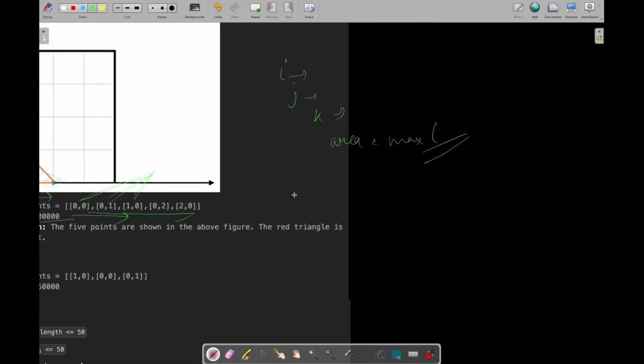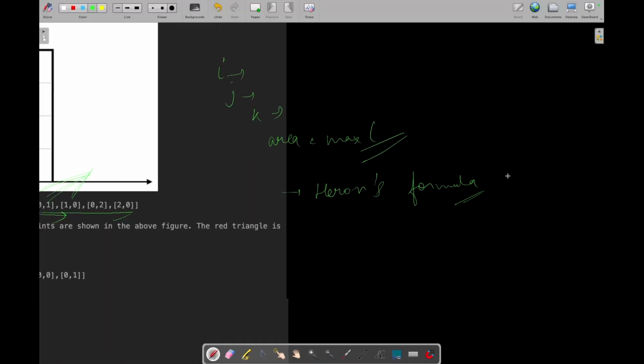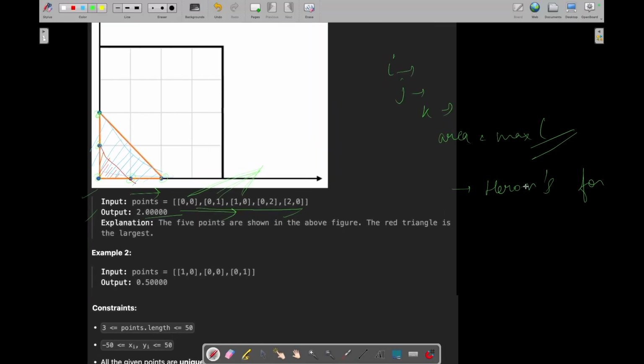So one way could be Heron's formula. What does Heron's formula do? Heron's formula will help you get the area of a triangle, but it needs the sides, it is based on the length of the sides of the triangle. If you have been given the coordinates, then obviously you can find the lengths of the sides of the triangle.